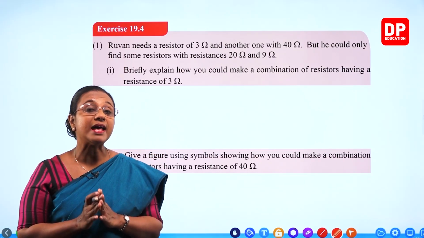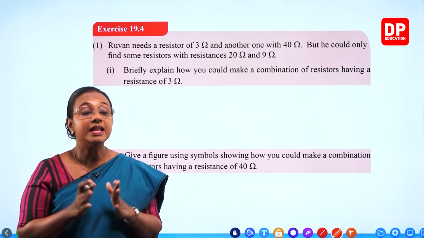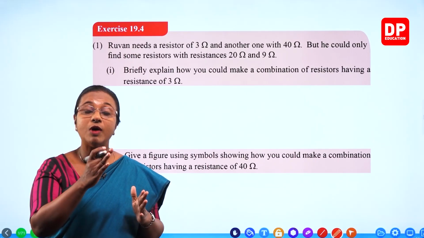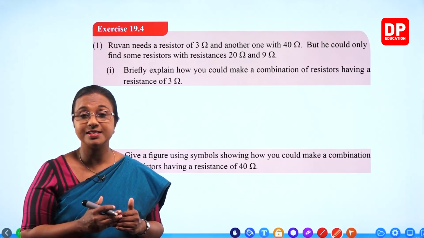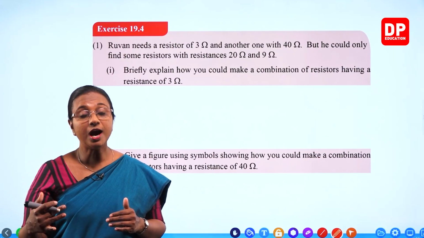But when you have a parallel combination, what will happen there? The resistance will decrease. You can remember 1 over R equivalent is equal to 1 over R1 plus 1 over R2.